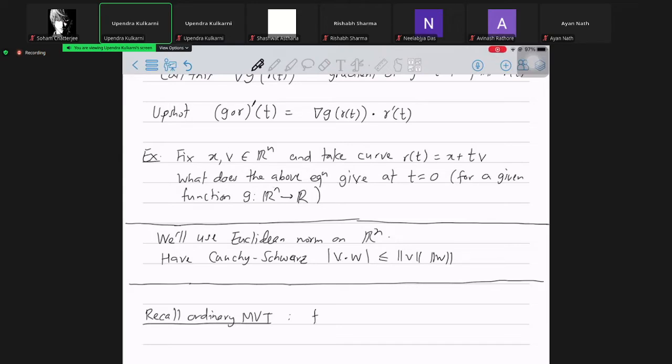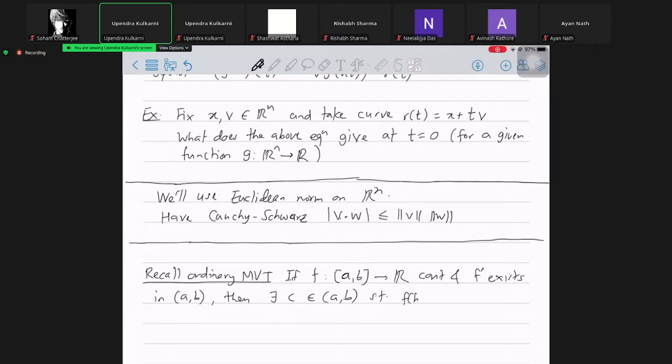If f is a real valued function, continuous on a closed interval [a,b], and f prime exists for all x in (a,b), then there exists c in the open interval (a,b) such that f(b) minus f(a) equals f prime of c times (b minus a). Okay, very good.